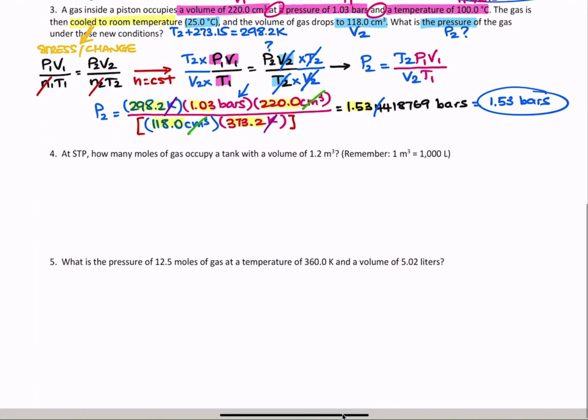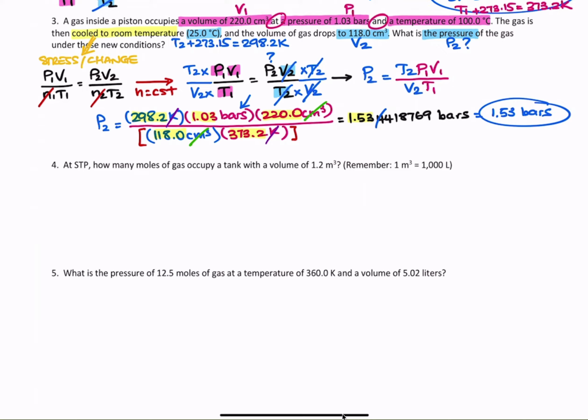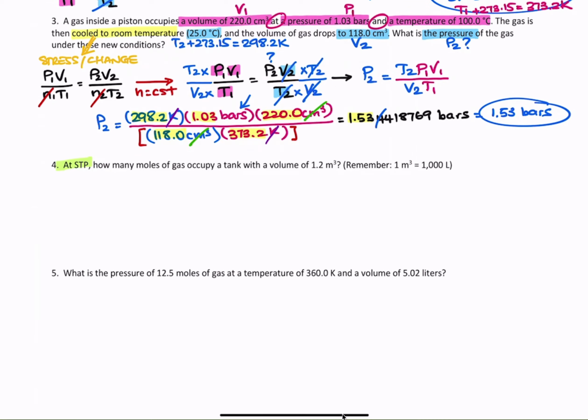Next question. Here you're given some very important information. You're told that you are at STP. STP means standard temperature and pressure. You have to know those.